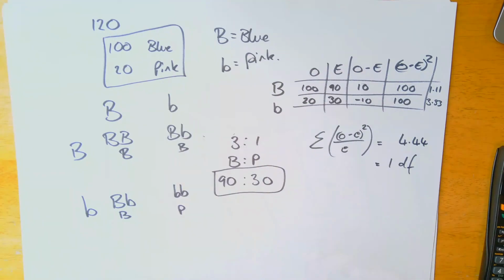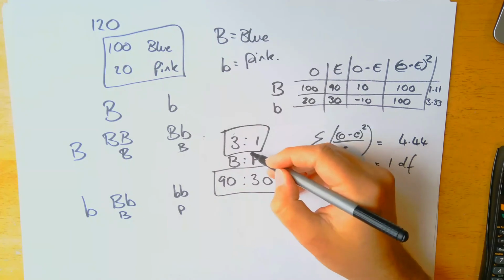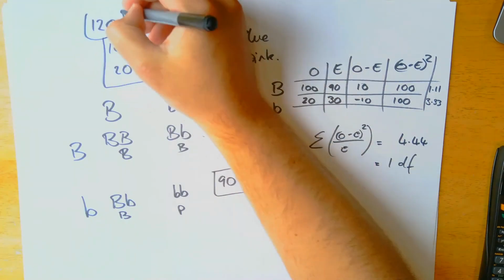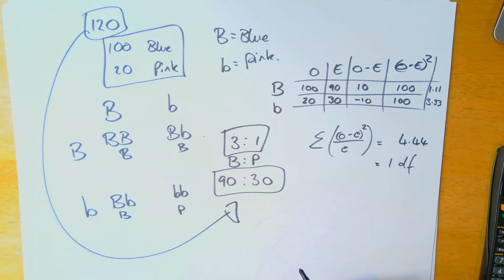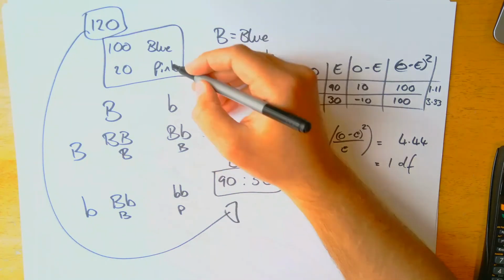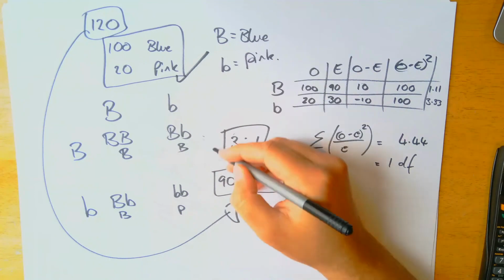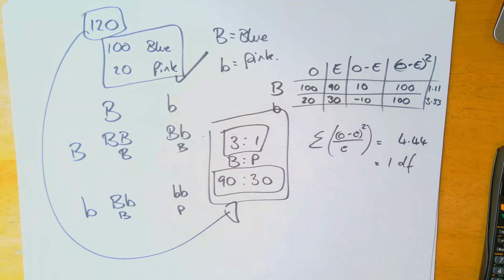Okay, so find your ratio and then work out, based on 120 plants, if this ratio was true, what would we expect to see in the results. So this is the observed results that we actually saw. These are the expected results that we'd see based on ratio and probability.